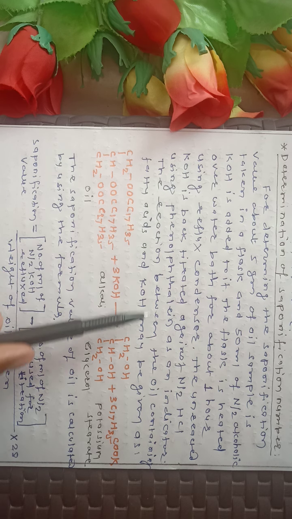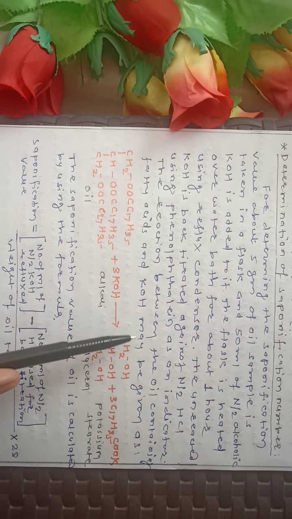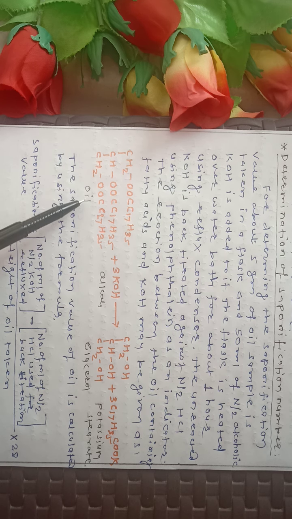The reaction between the oil containing fatty acids and potassium hydroxide may be given here. So this is the oil. This oil reacts with potassium hydroxide, that is alkali, and there is formation of glycerol and potassium stearate.